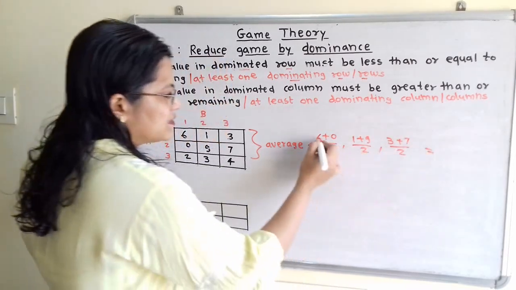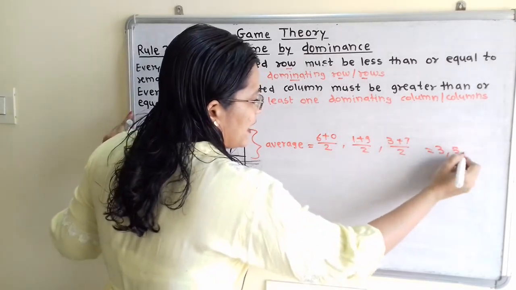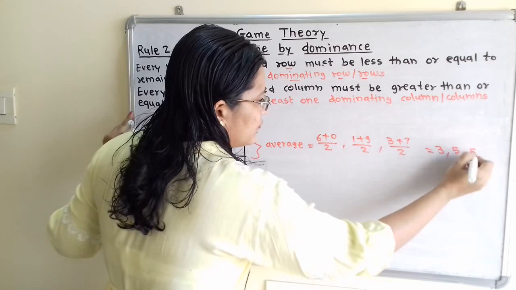So what is the answer? 6 divided by 2 is 3. Then 10 divided by 2 is 5, and 7 plus 3, 10 divided by 2, is 5.